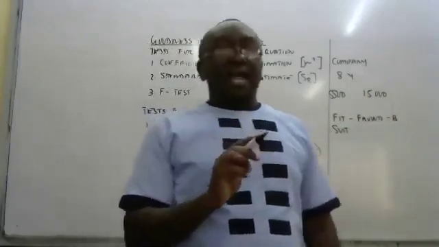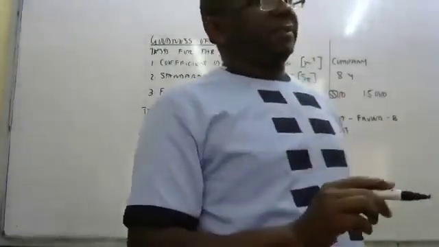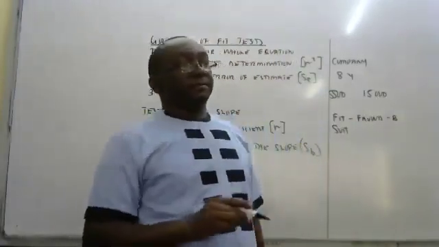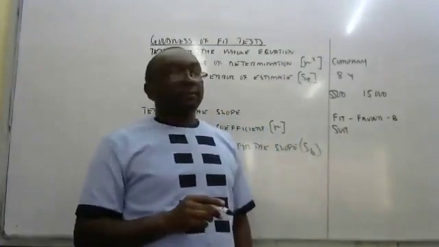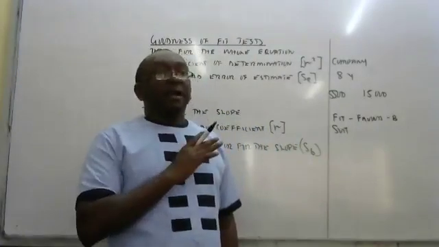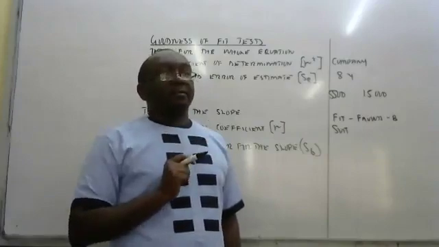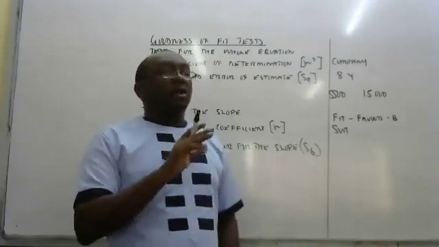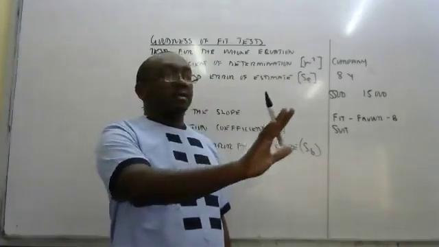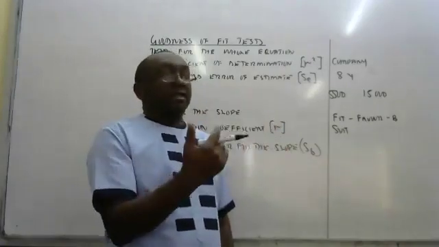Now the problem here is not with the receiver of the benefits, but with the giver of the benefits. So if someone comes and cons you, wewe ndio uko na shida because you are the one who gave out. Mwenye alipata yeye hana shida.